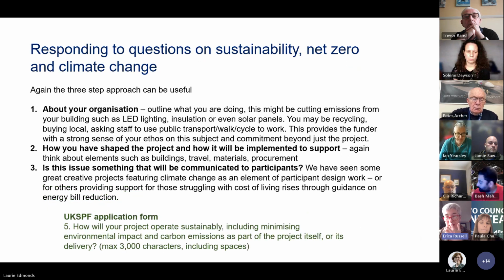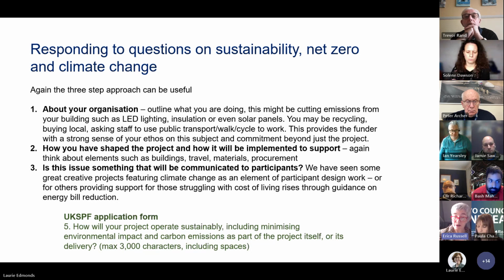Sustainability, net zero and climate change is another one of the questions you'll see on the UKSPF form and increasingly on other application forms as well. These are very much cross-cutting themes that government and many other organisations are now wanting to support. Again, I think a three-step approach can be useful. So, organisation. What are you doing?